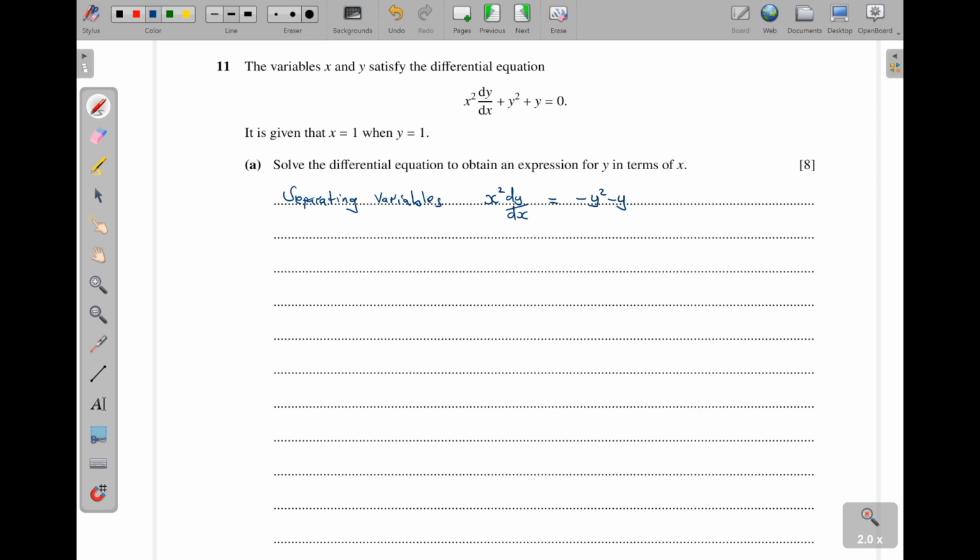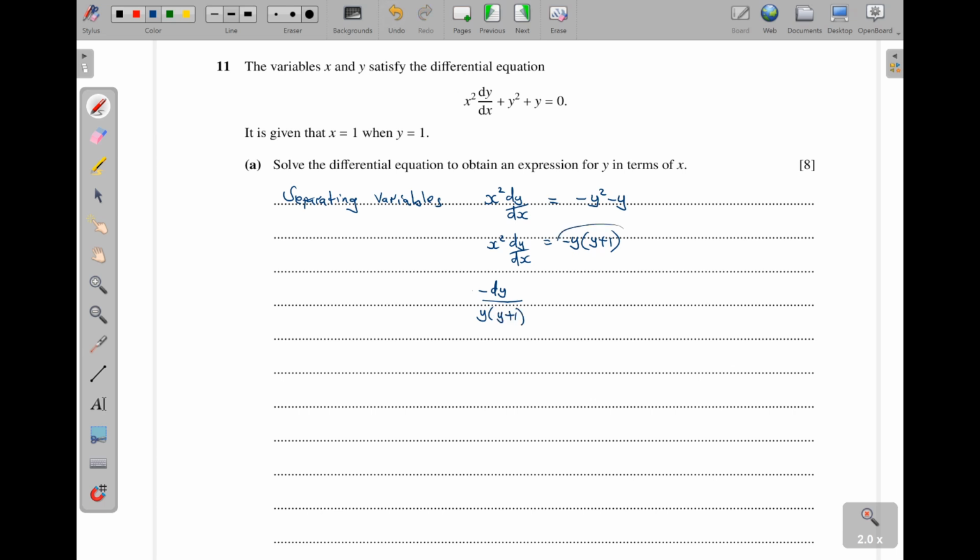In fact, I can write this as, factorize out the negative y, then you have y plus 1. Now you can switch these, you cross multiply, in other words. So that means we shall have negative dy over y, y plus 1.